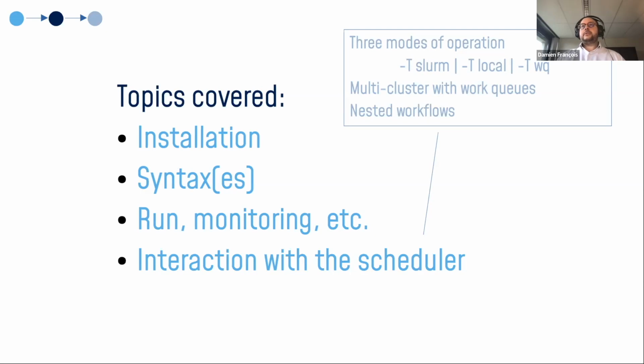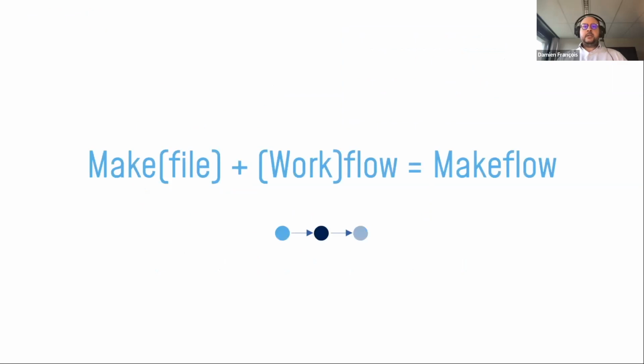And I've talked about work queues, and the fact that you can use work queues to spread the workload across multiple clusters. Finally, I've been talking about nested workflows and the fact that Makeflow has some features in it to flatten nested workflows and make sure that everything goes smoothly. So this is it for today.